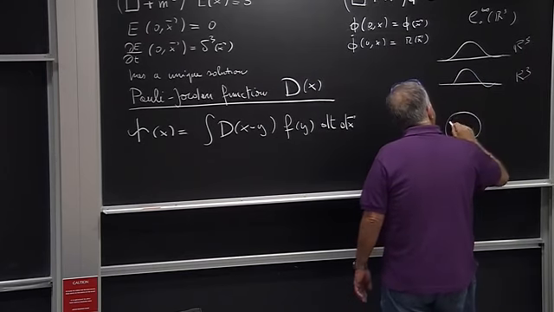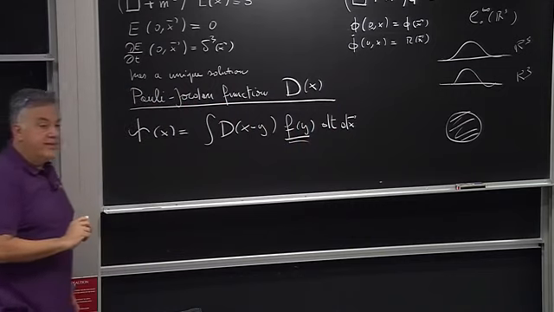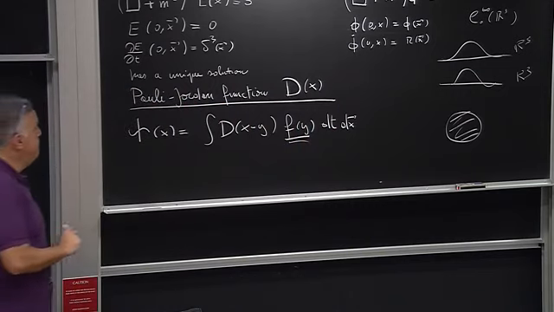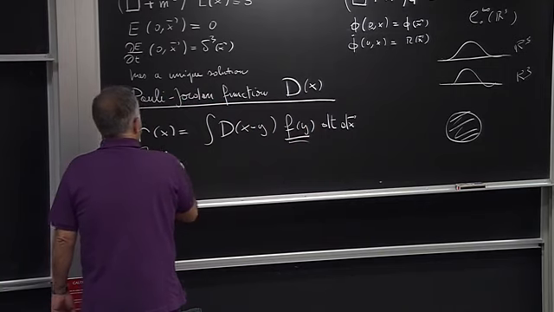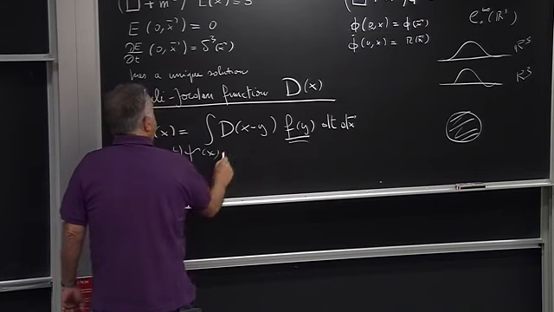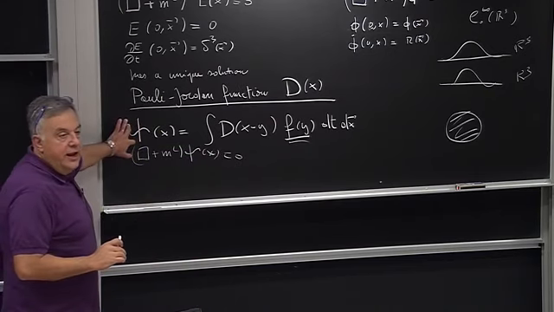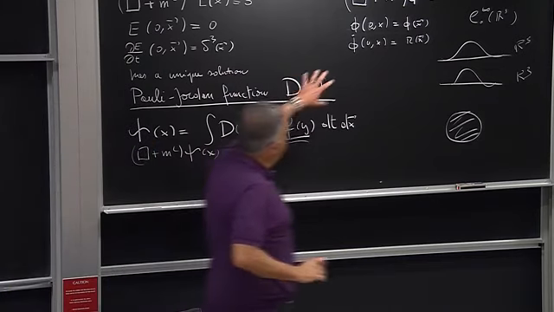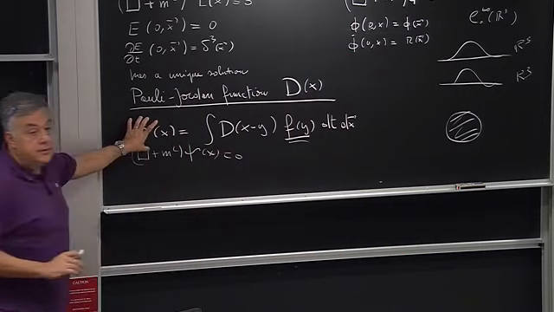This is a test function which has compact support in the space-time, okay? This is obviously a solution of the Klein-Gordon equation. And we saw last time that all the solutions of the Klein-Gordon equation belonging to this class can be written like this.